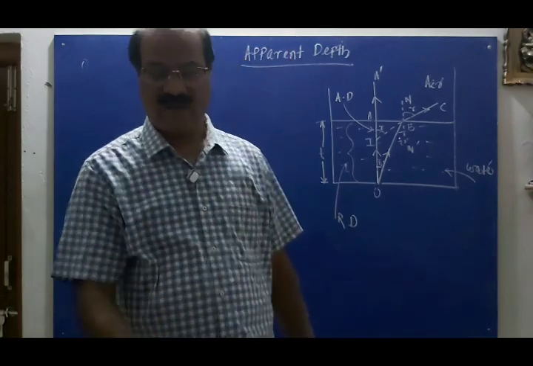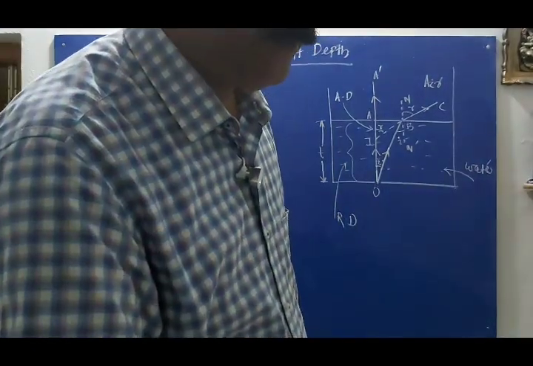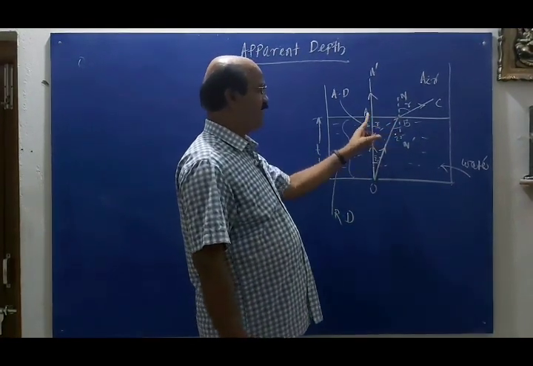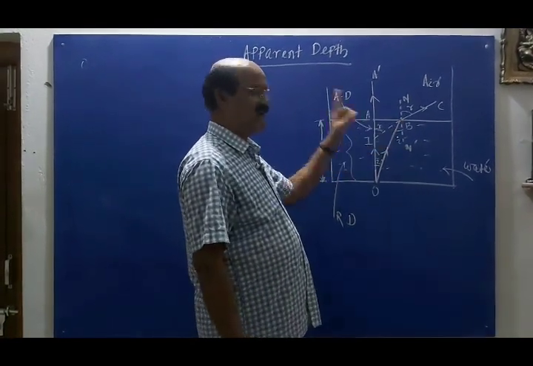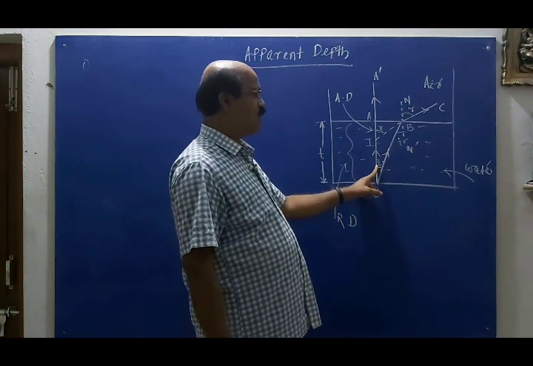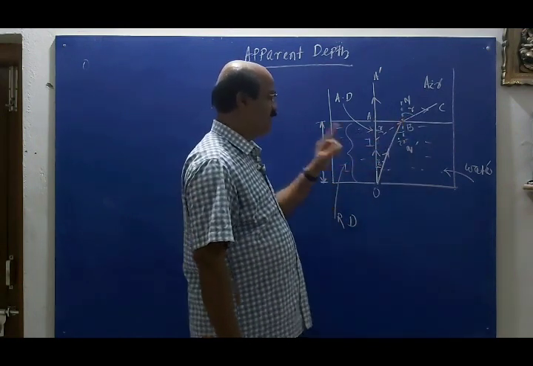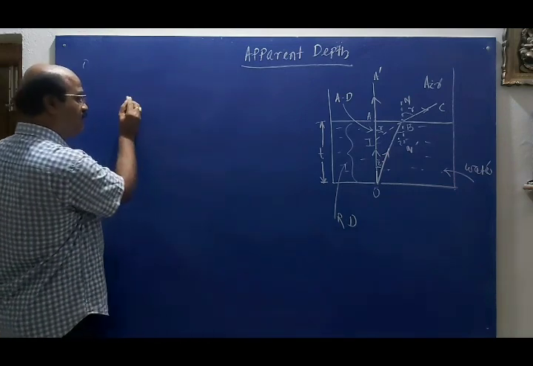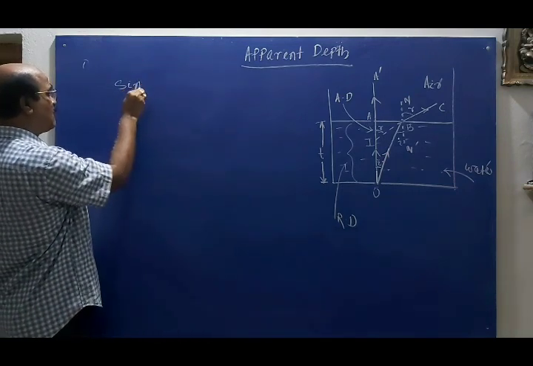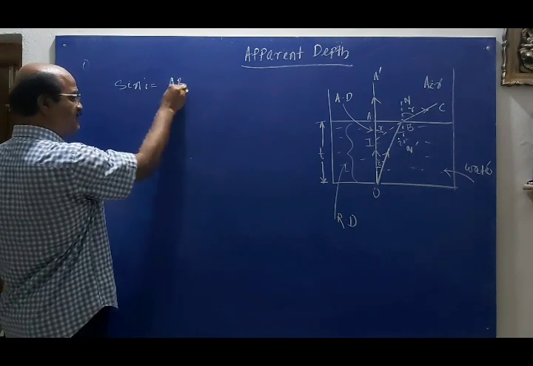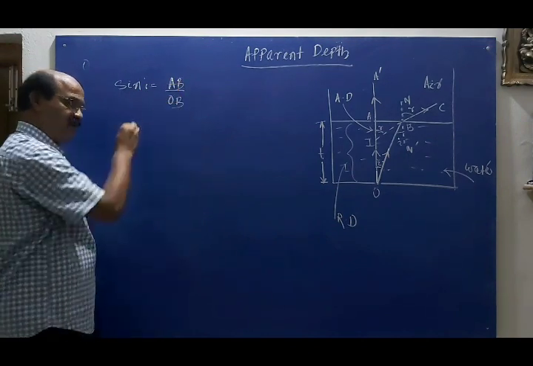ठीक अछि. बर्तमान हम कोन करिबा बाहर करिबा. OAB triangle, in the OAB triangle sin i equal to P by H. P कोटा AB, H कोटा OB. ताकि लिखिबी sin i equal to AB by OB. हां OB. ठीक अछि.